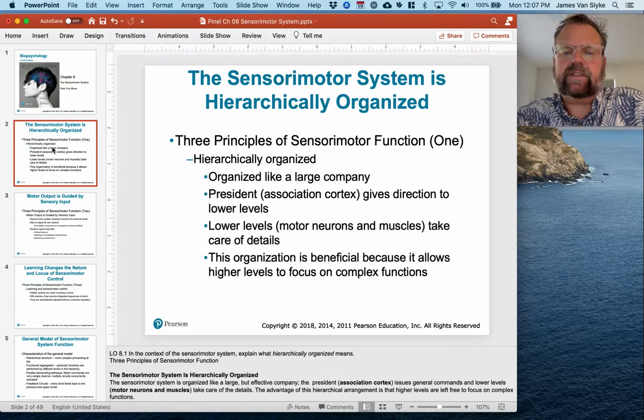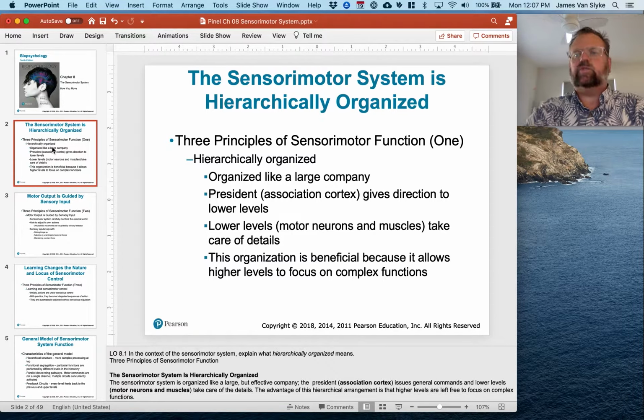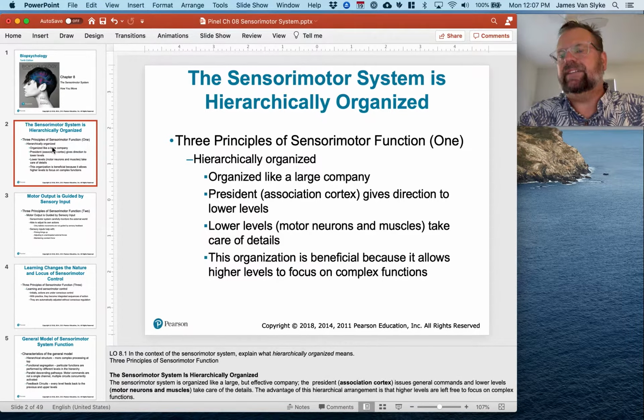The reason why this is so beneficial is because it allows those higher levels of the association cortex to focus on more complex functions. So if you've ever noticed when someone gets good at a certain kind of sport or a certain kind of skill, a lot of what they do, the regular everyday sorts of things, become much more automatic types of processes, meaning it's working outside of our own conscious awareness.